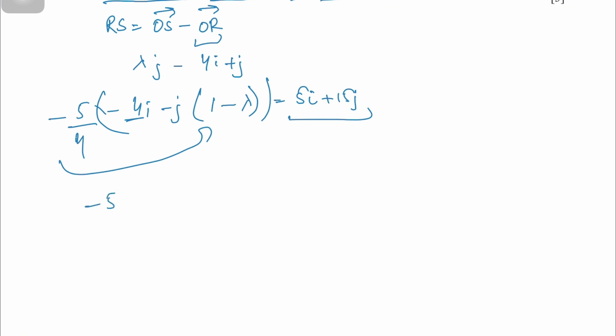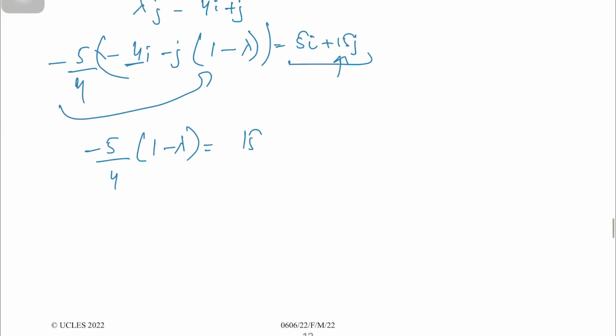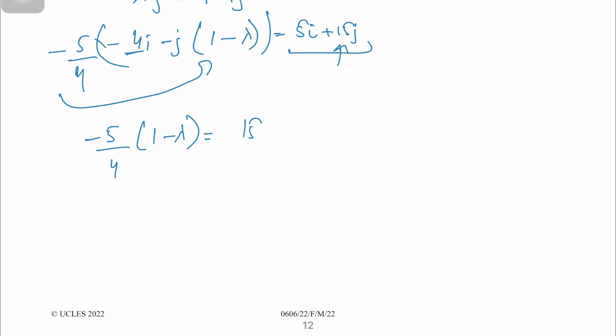So this would be negative 5 over 4, 1 minus lambda equals to this j, this is 15. So we get our answer as, this 4 would be multiplied over there. This would be negative 5, positive 5 lambda. This would be 60. This would go over there.